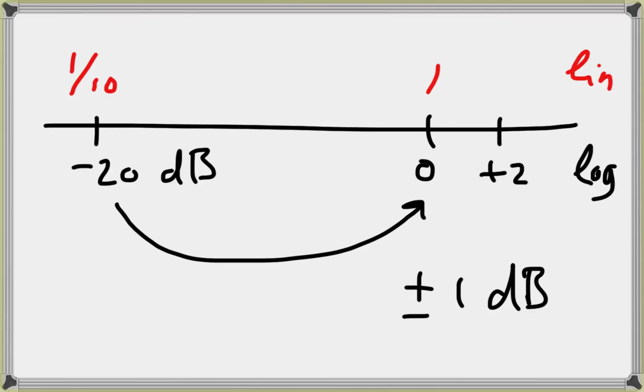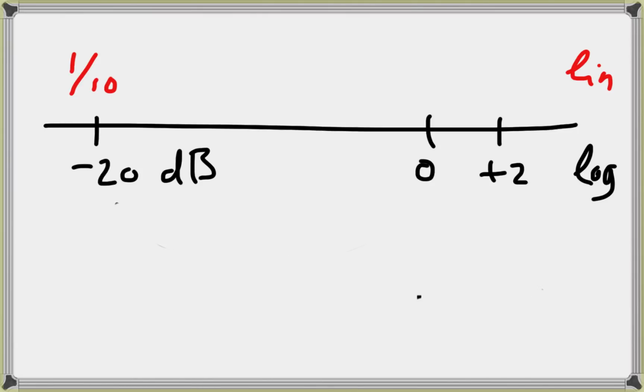But the original question started with, what if we add minus 20 and 2 dB together? Not minus 20 and 0, but minus 20 and 2 dB, which means I'm no longer interested in the 0. Now we want to know what happens if I add minus 20 decibels and 2 dB together.